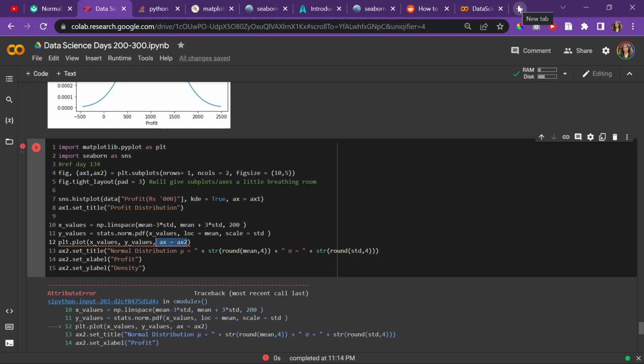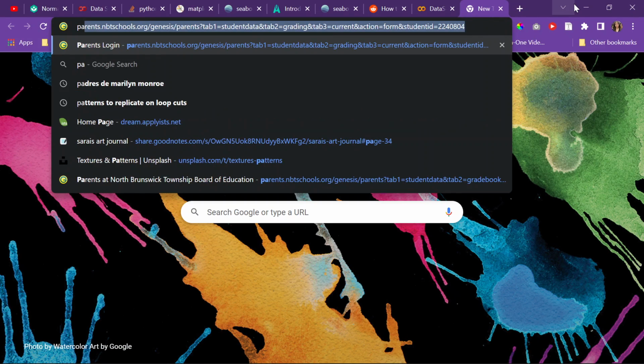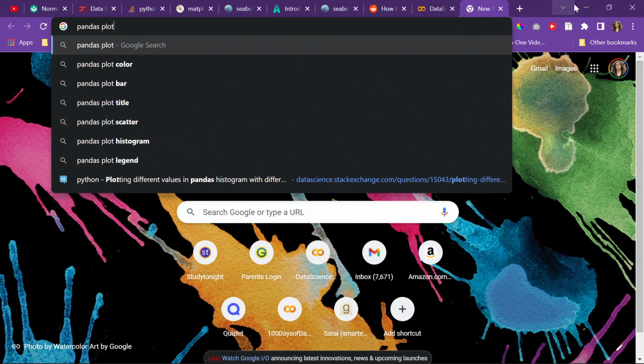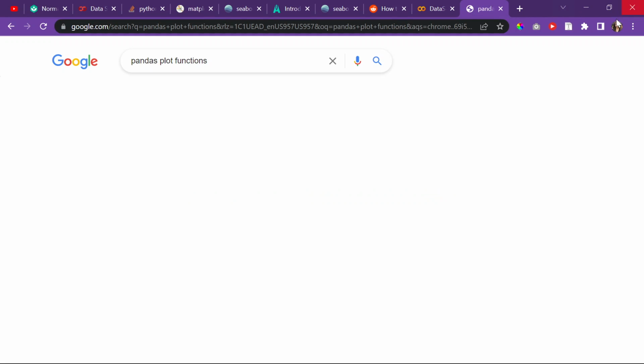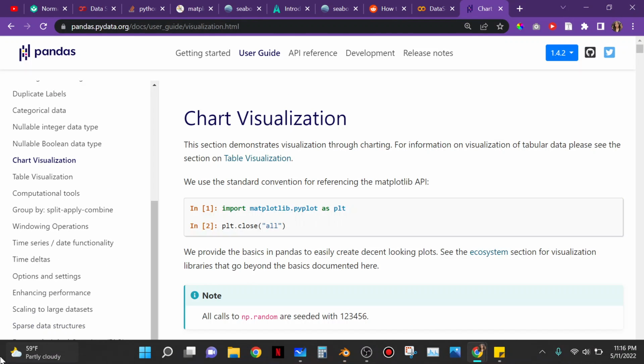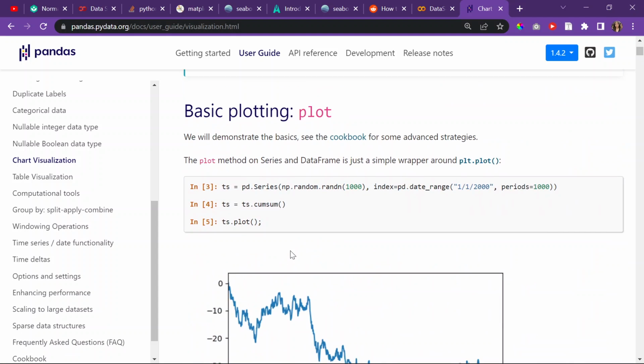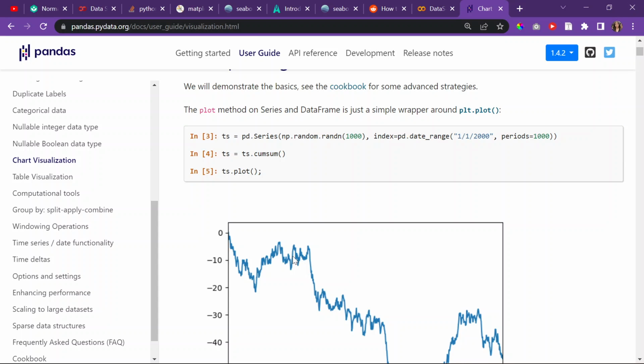Pandas does have, let me see, pandas functions. Okay, ew.